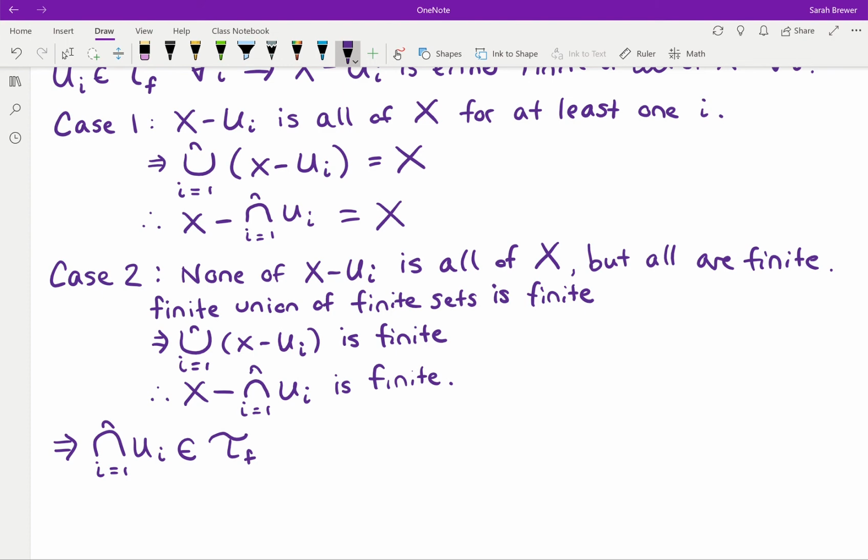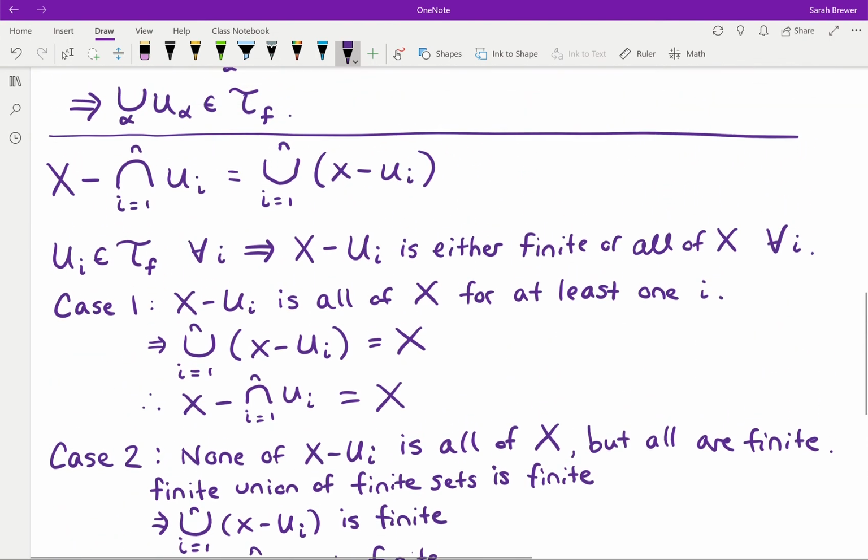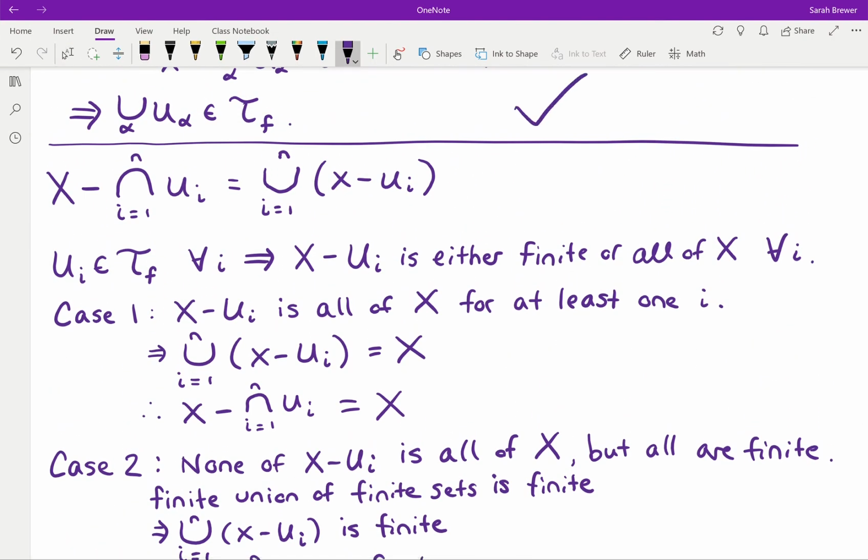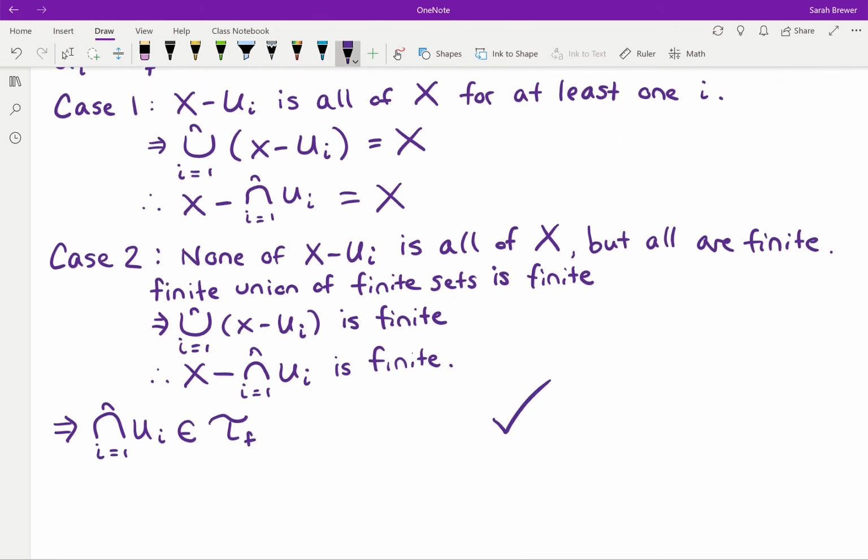And so since we have met all of our criteria, we know that the finite complement topology is indeed a topology.